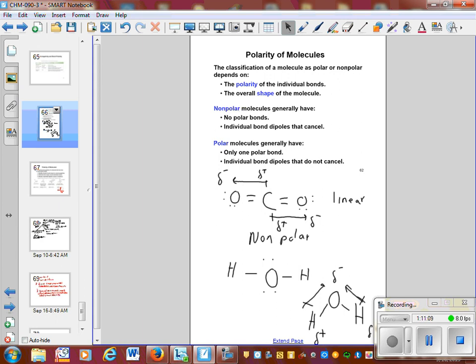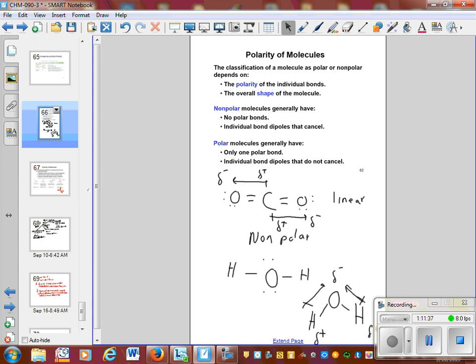Between this carbon and this oxygen, there's a dipole. Remember we said the oxygen wants the electrons more than the carbon. So it's pulling this way, and we see this arrow with the little crosshatch here. This end is partially positive, this end is partially negative. It points to where the electrons are going, so it's being pulled to the left. On the right side, we have this carbon-oxygen bond.